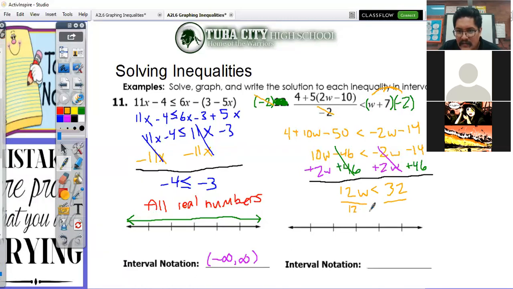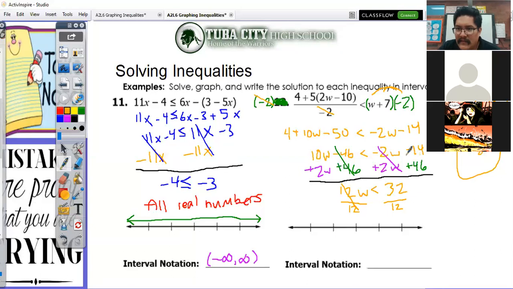Divide both sides by 12. And 32 divided by 12. Wait a minute. It's going to go in there 2 times, I think. And that's going to be 24. 32, and that's going to be 8. So 8 is my top number, 12 is my bottom number.